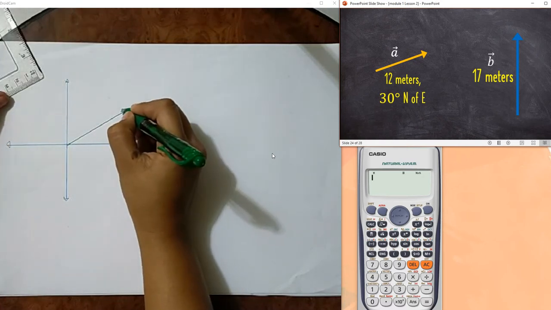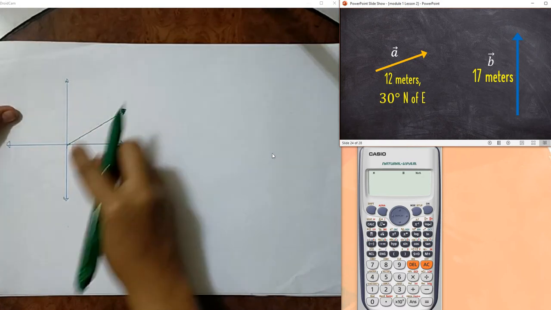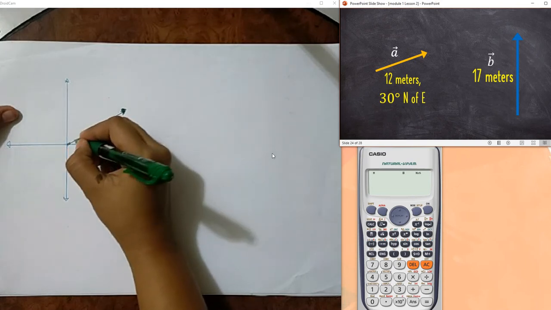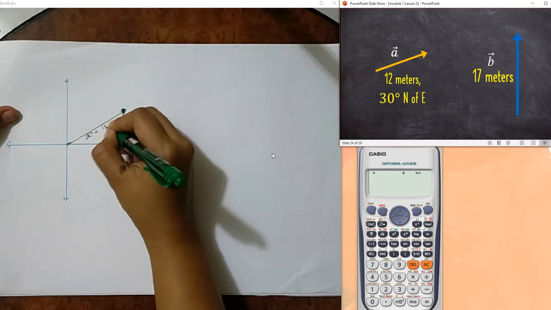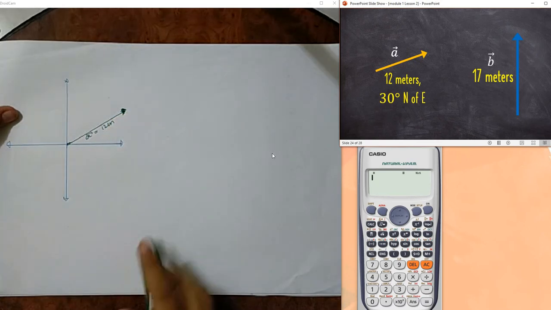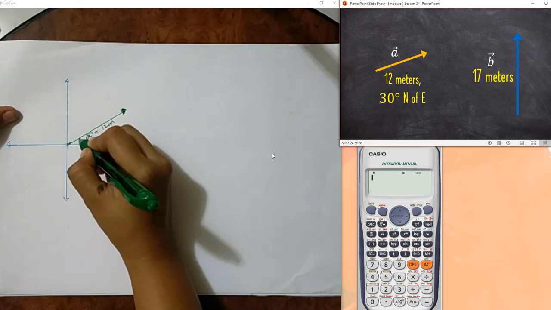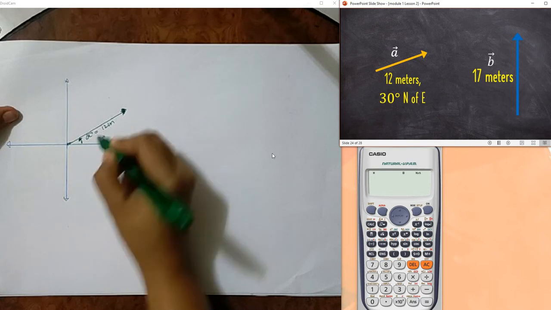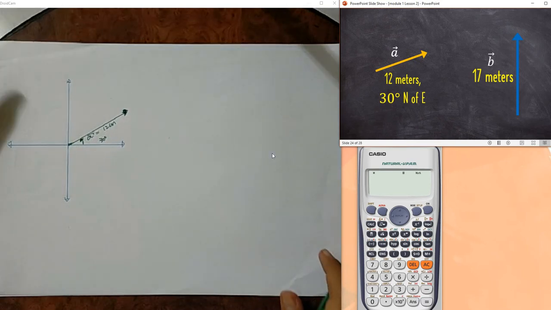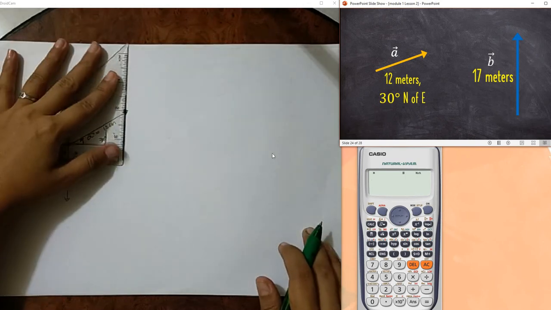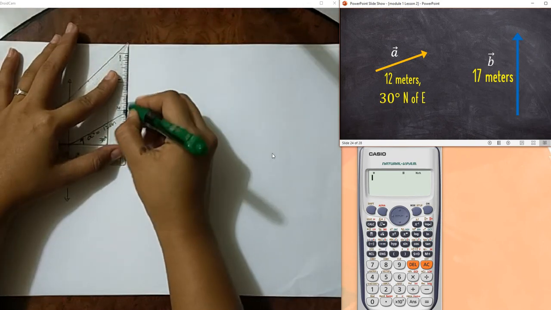So assuming lang na this is 12 meters. Ayan, 12 meters. Vector A is equal to 12 meters. And then here is our 30 degrees. Okay, next, let us use the head to tail method.